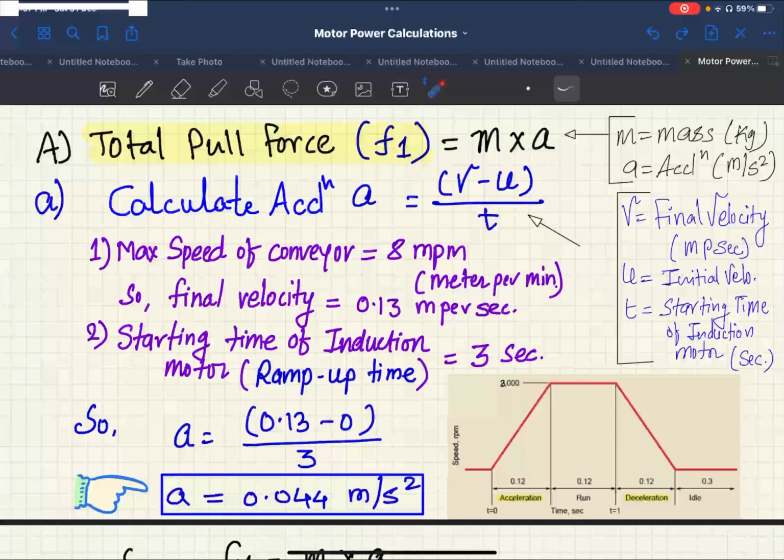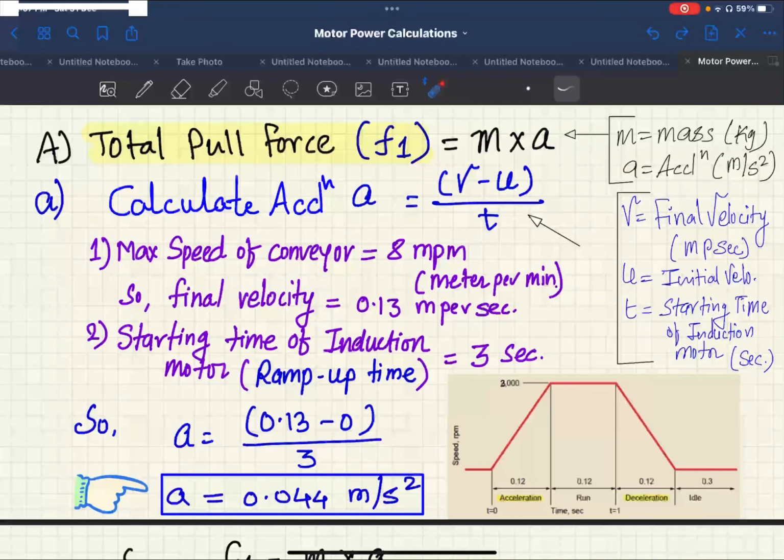On that basis we come to the conclusion that we need a conveyor speed of 8 meters per minute. So the final velocity of the component we can calculate is 0.13 meters per second. This 8 meters per minute we have just converted into meters per second.